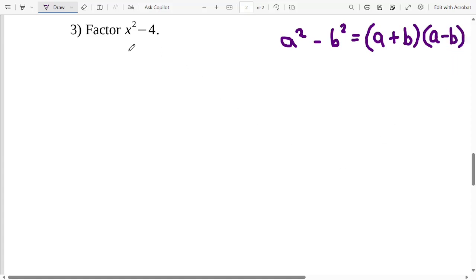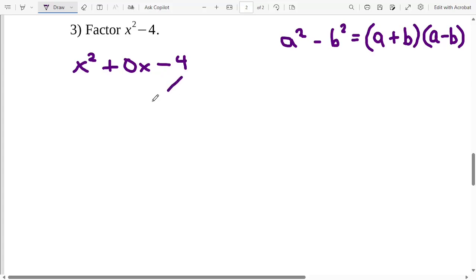Now here, we could just factor this in the normal method when a is 1. So if we're going to do that, we're just going to add a placeholder for x. So we're just going to put a plus 0x minus 4. And we're going to look for two numbers that multiply to negative 4 but add to 0.